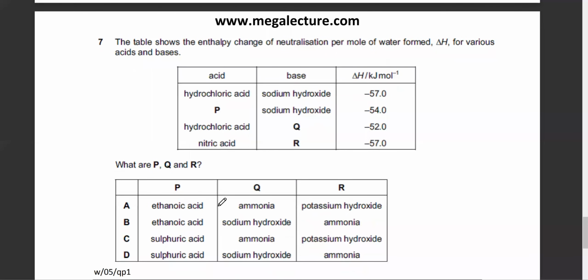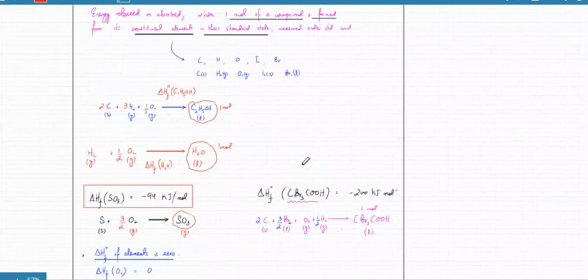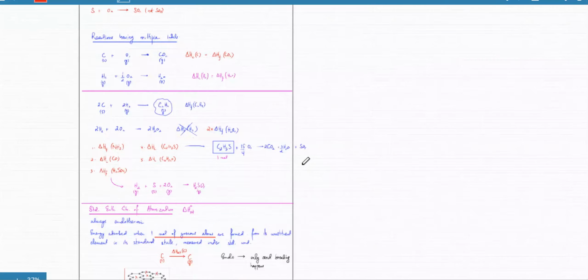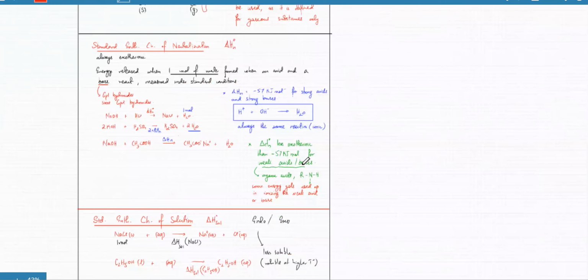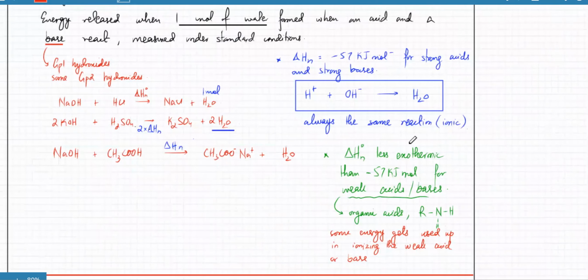So this one again. Now, in enthalpy change of neutralization, I said that if you make 1 mole of water, and an acid and base react, the value is minus 57. But I also said that the value is going to be less exothermic, or less than minus 57 kilojoules per mole for weak acids and weak bases. And I also told you what are weak acids?